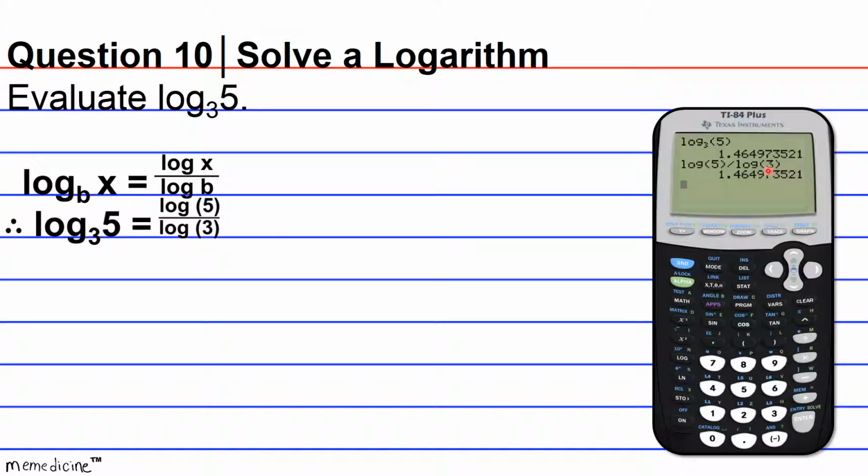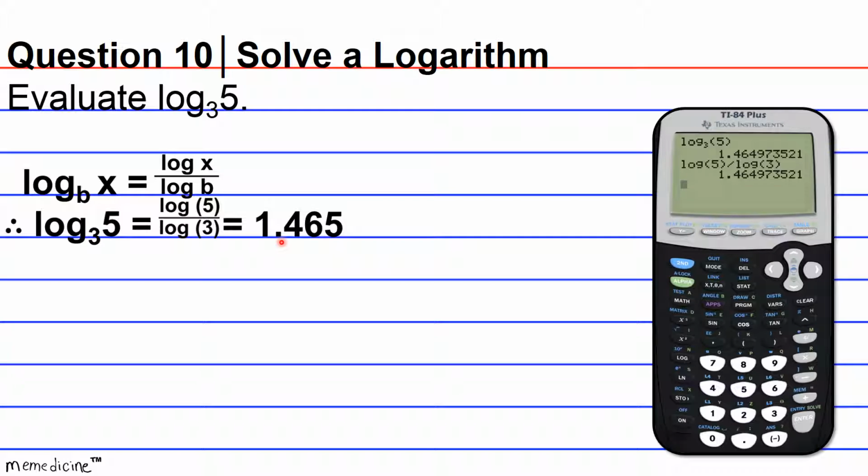And then alternatively, there's another method you can take, which isn't too different from the second. You can rewrite this in exponential form. Well, we know that this is our base, and we know that this is our result. We don't know the exponent, so we're going to call our exponent x.